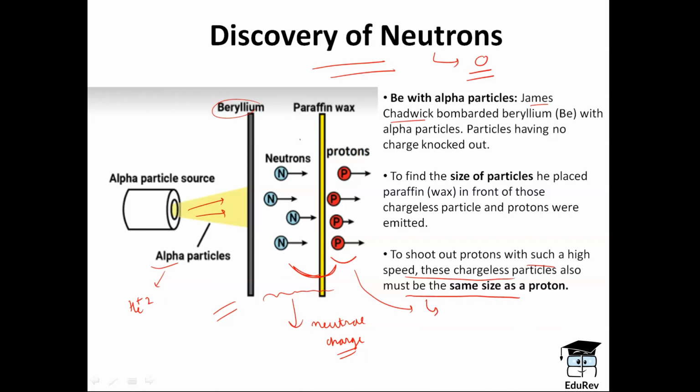The neutrons were shooting out protons, and if we need to eliminate something, the mass should be the same. It was discovered that protons were getting eliminated when neutrons, or some mysterious particles, were striking a paraffin wax. So through this experiment, the charge and the mass of neutrons were discovered by J. Chadwick.